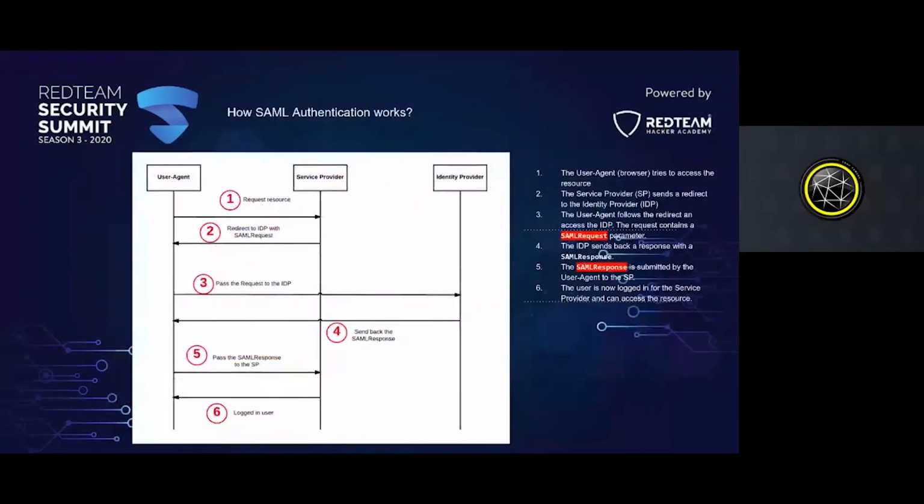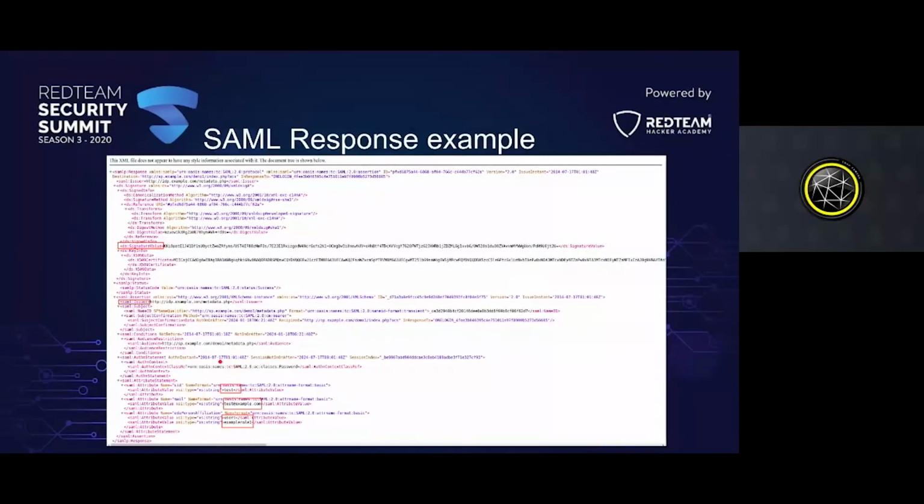As I discussed, we have to focus on this SAML response, which is sent back from the identity provider to the browser, because for this response we can't do much. But in the fifth step, we can do some manipulations, because we can capture that response and look at how things are working there. So this is what a SAML response looks like.